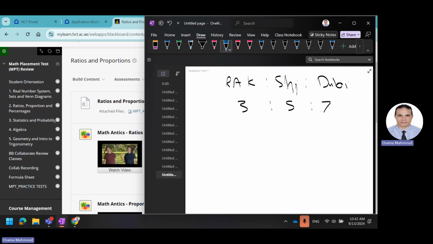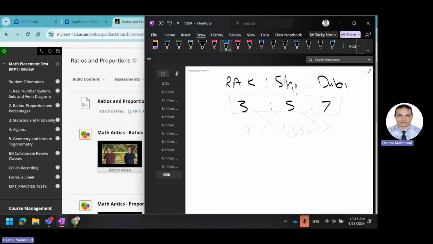Say I have 1,350 in Sharjah, for example, I can use x here to get Dubai, and I can use x here to get Ras Al Khaimah. So this is how to find the real value using the proportion.